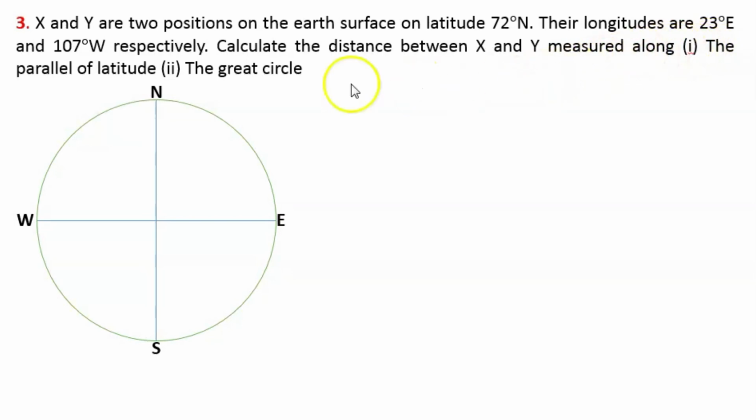All right, so we are told that the two positions on the earth's surface have a latitude of 72 degrees north. So that's their common latitude. So we come to the northern hemisphere, we have 72 degrees north. Then what other thing are we to do?